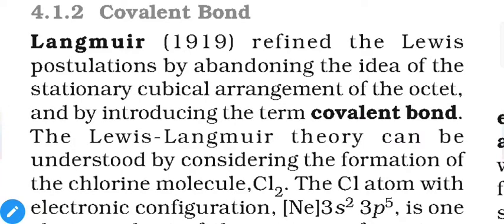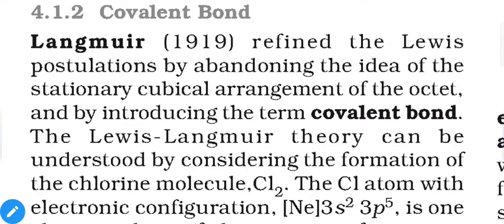Langmuir in 1919 refined the Lewis postulates by abandoning the idea of the stationary cubical arrangement of the octet, where, as mentioned initially, all the valence electrons are present at the corners of a cube around the kernel. By introducing the term covalent bond, the Lewis-Langmuir theory can be understood by considering the formation of a chlorine molecule, Cl2.